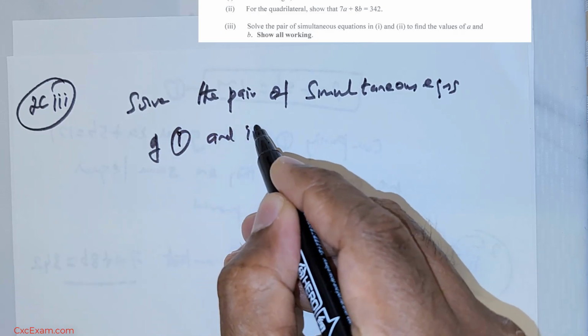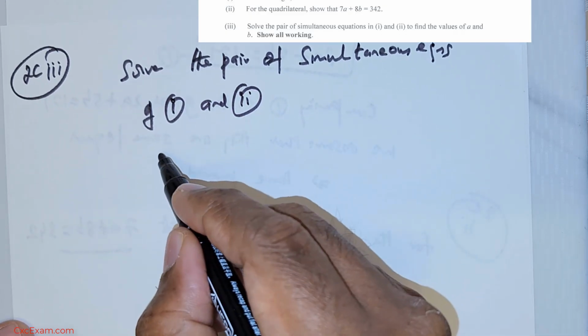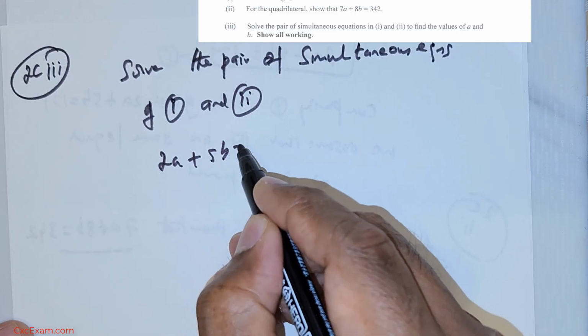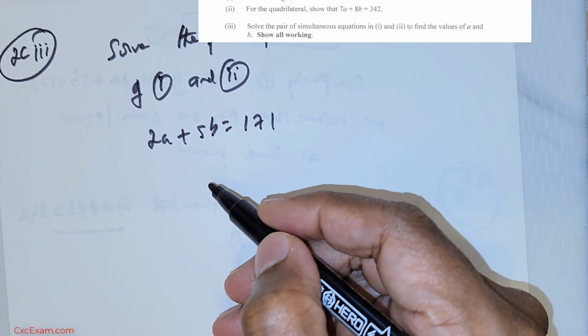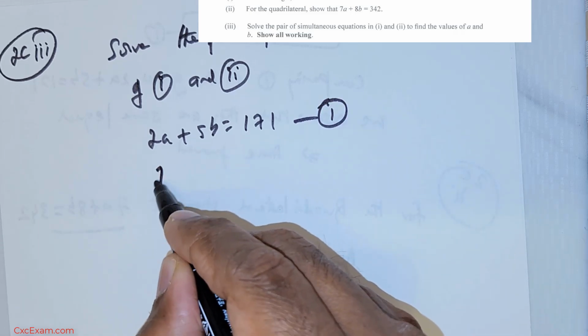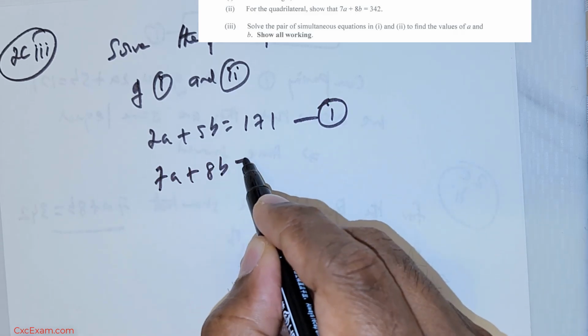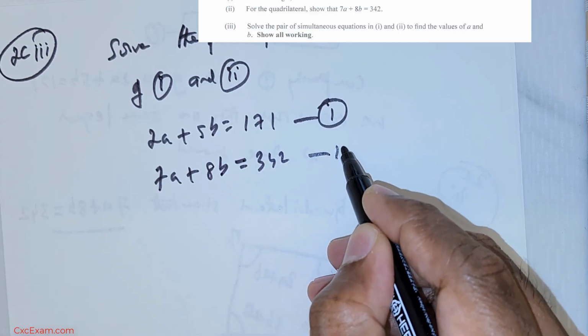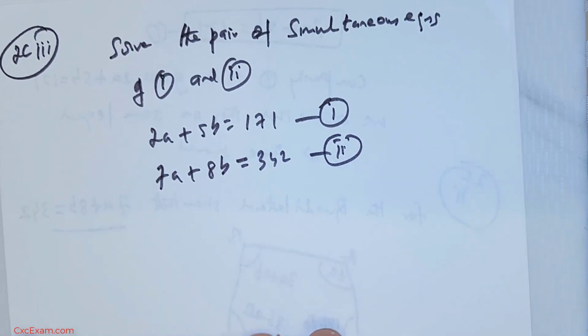So when we talk about 1 and 2, we are talking about 2a + 5b = 171. This is 1. And then 7a + 8b = 342. So we are expected to solve these two.